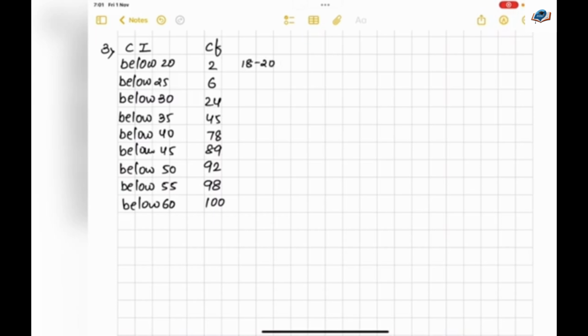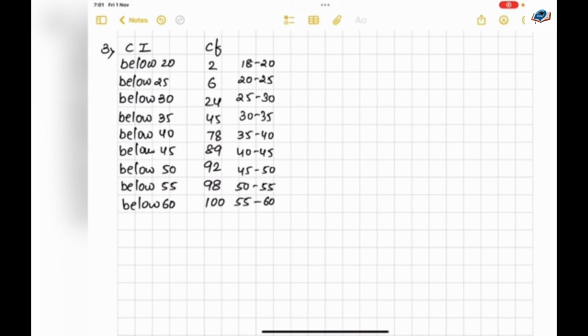So the options will be 18 to 20, then 20 to 25, 25 to 30, 30 to 35, 35 to 40, 40 to 45, 45 to 50, 50 to 55, and 55 to 60.